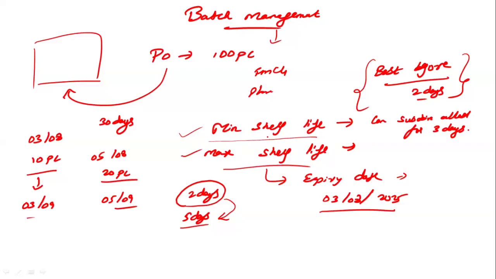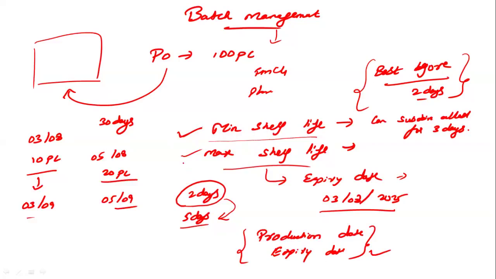So you have two more terminologies, which are called production date and the expiry date. When you're creating the material, if you are maintaining a value in the minimum shelf life, then the expiry date is a mandatory field when you are posting the goods receipt.